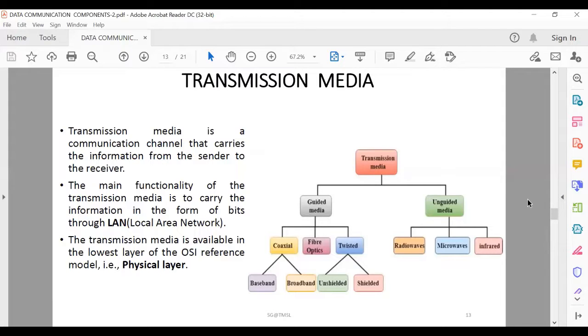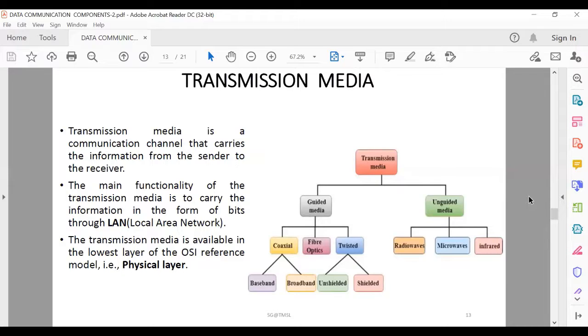Now, in copper-based networks, the bits are in the form of electrical signals, and in fiber-based networks, the bits are in the form of light pulses. All of you have already learned optoelectronics last year, so you have some idea about fiber optics.